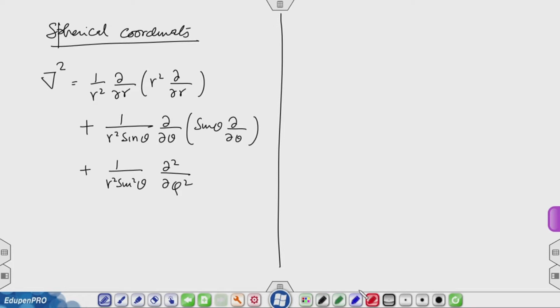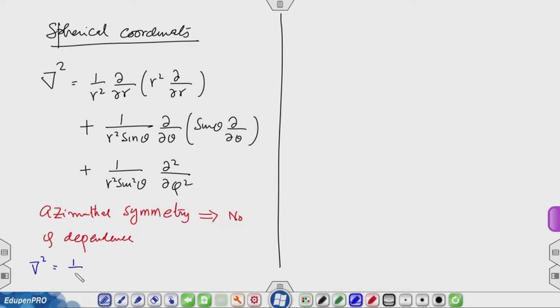And we are considering azimuthal symmetry. And this implies no phi dependence, and therefore, the del square operator that we will be considering will be only the r and theta terms. So, this is what we are considering now in this lecture.